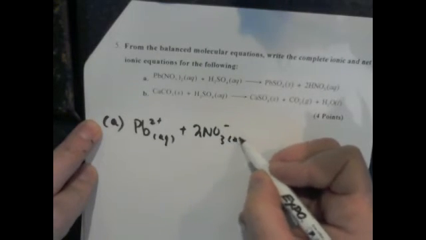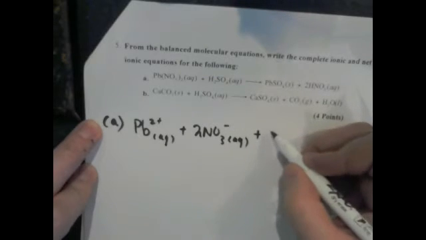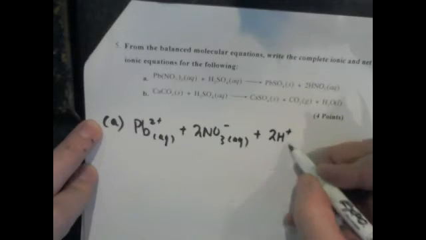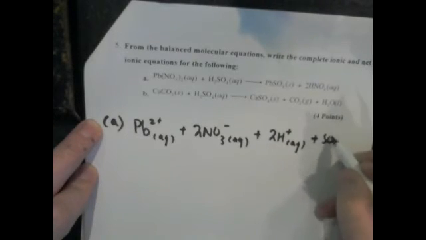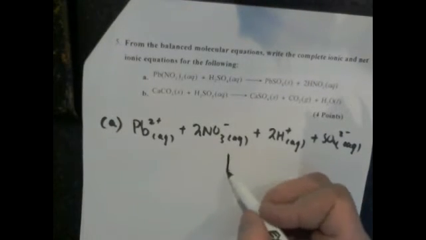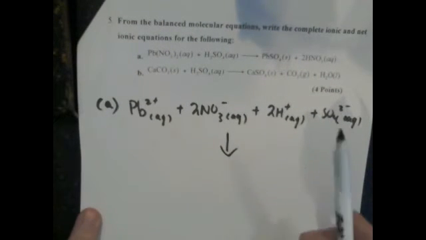This is where I was worrying about using my big pen. And then I have to break this apart as a strong acid, so it's going to give me 2 hydrogen ions. And then here's a sulfate like so. Okay, so that's the left-hand side of that. I'm going to do this vertically. And so now what does it come together to form?